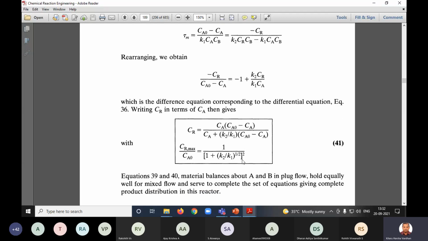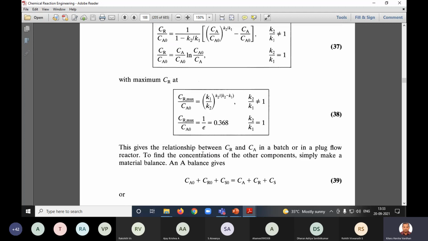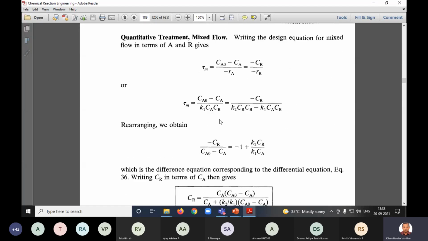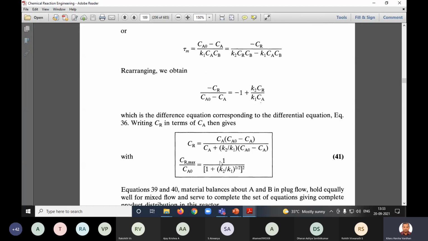Here CR max by CA naught, you get this particular expression, whereas for plug flow reactor you get k1 by k2 power this one. But in mixed flow, you get 1 by the factor of k2 by k1, again a factor of k1 by k2.